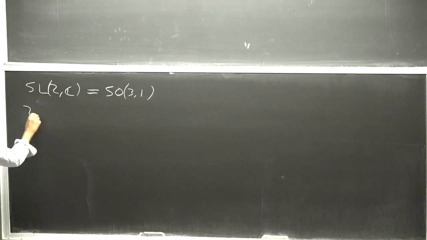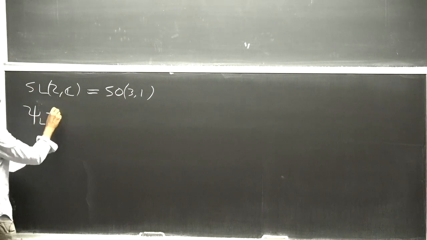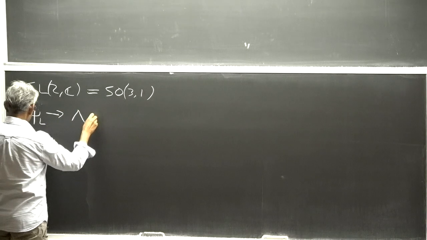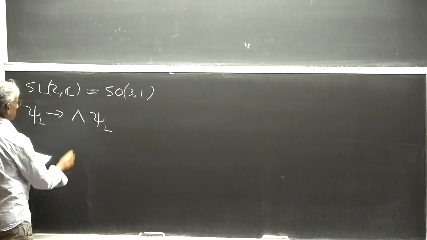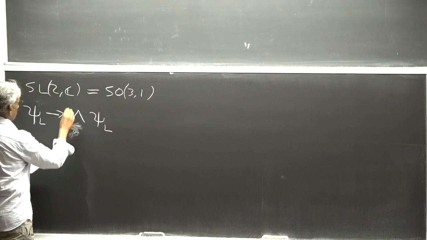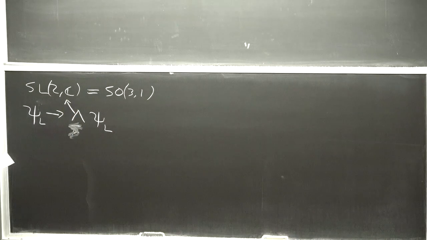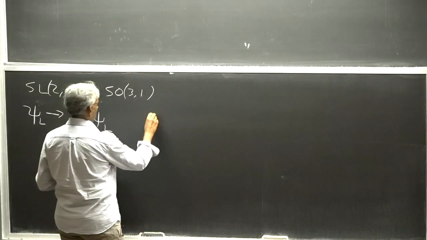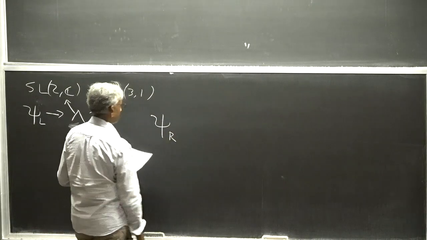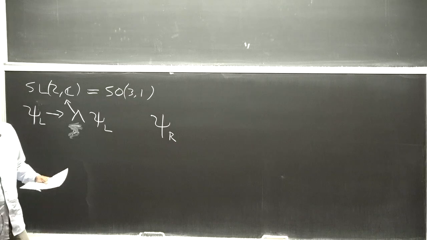So in particular, the left-handed spinors, which is the one I'm going to use, transform like Λ ψ_L in matrix language, where this comes out of here, right? So that's it.